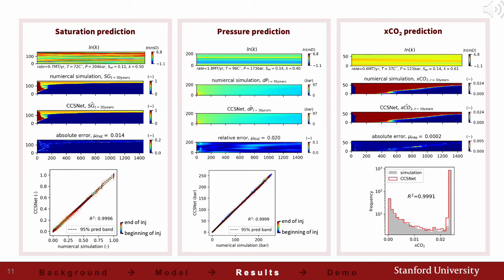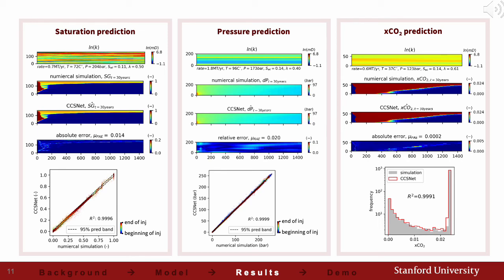Similarly, in the middle column, we have the pressure prediction. The top figure is the geology, and then we have the numerical simulation and the CCSNet prediction, and also the relative error. The bottom scatter plot also gives us the same information: the prediction is very consistent from the beginning of the injection to the end of the injection.